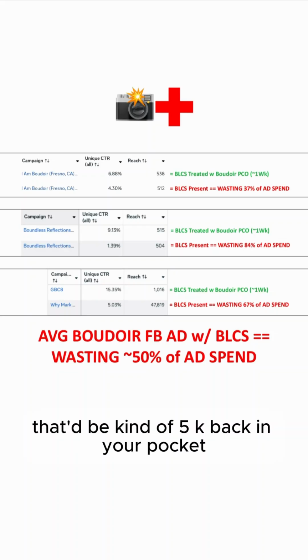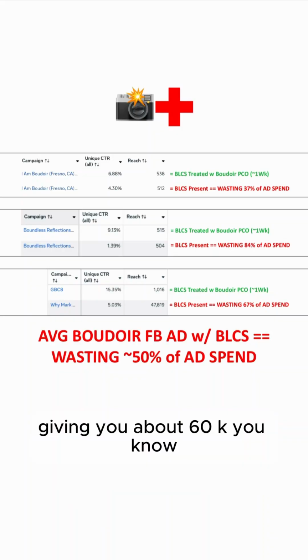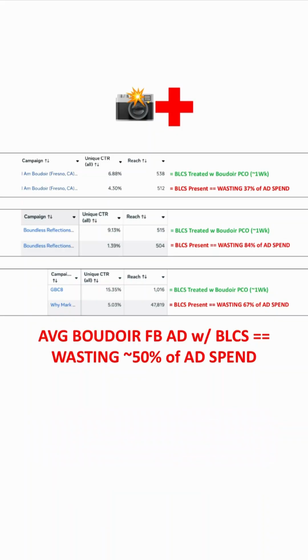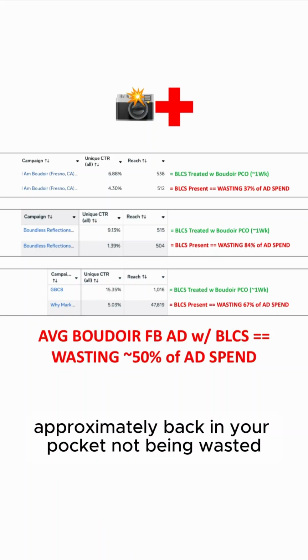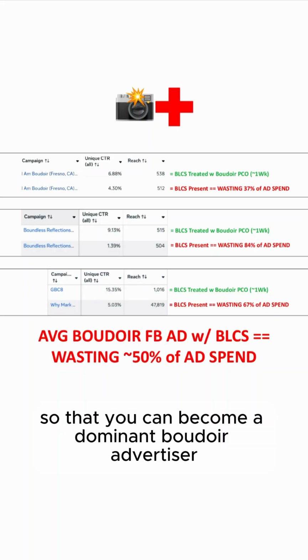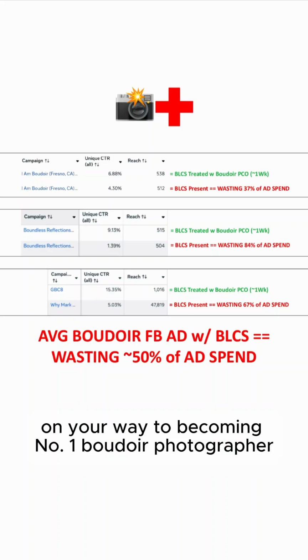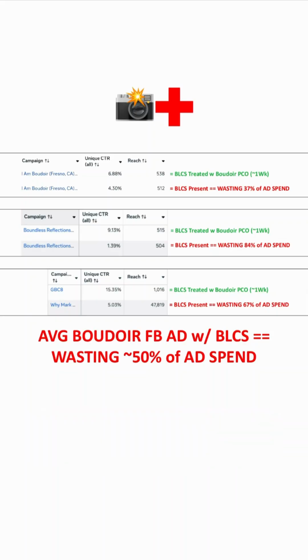That'd be 5K back in your pocket that's not being wasted to the Zuck, giving you about 60K over the next 12 months, approximately, back in your pocket, not being wasted. And you want to achieve pre-click alignment so that you can become a dominant boudoir advertiser with Boudoir Brain Entry Boost on your way to becoming the number one boudoir photographer in your city.